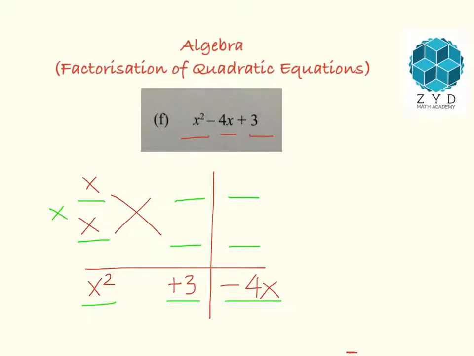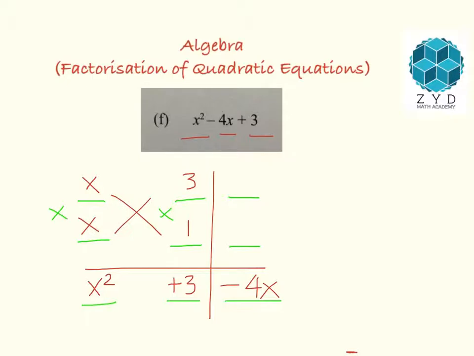The next 2 positions are this one. This is a 3 and this is 1. Again we have to multiply them. 3 multiplied by 1 is a 3. At this moment, ignore all the signs that we have to input. We will only input the signs at the end.